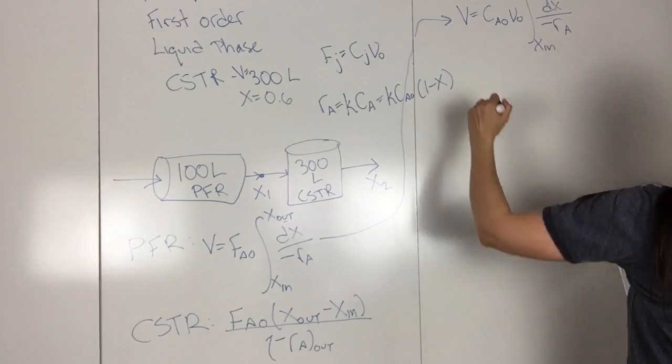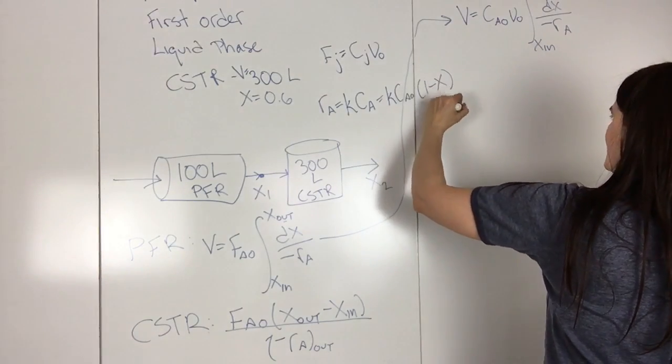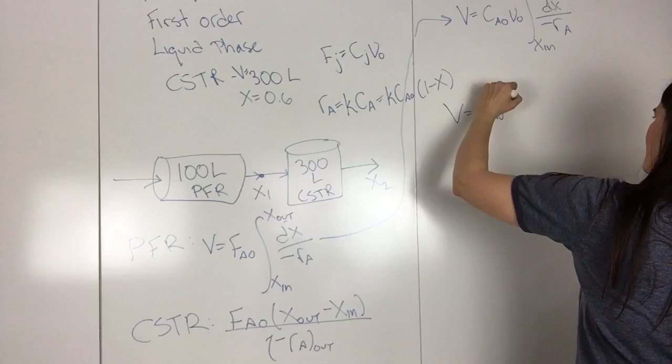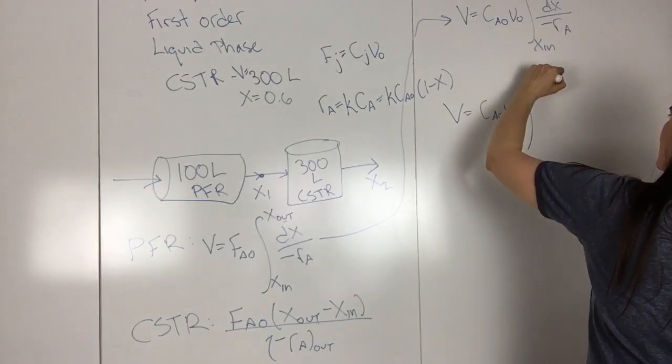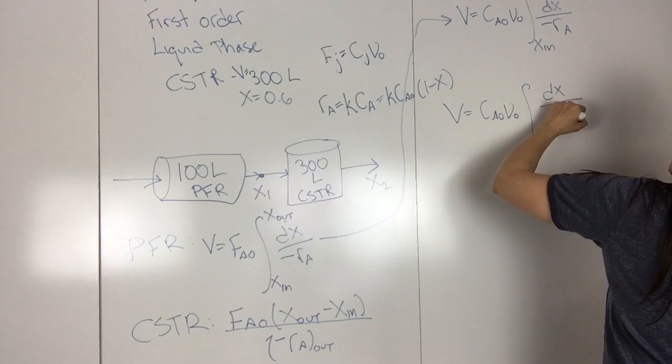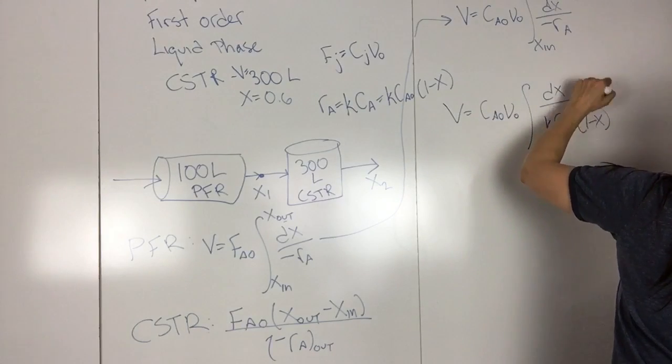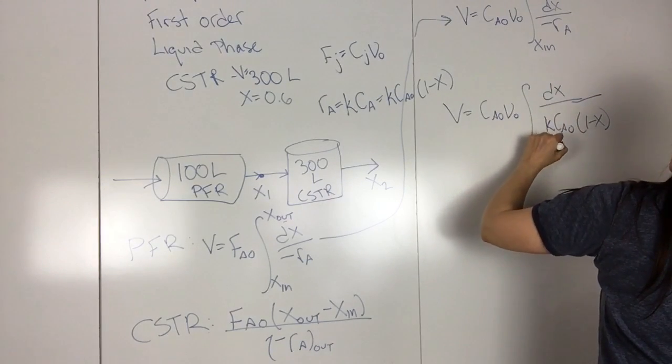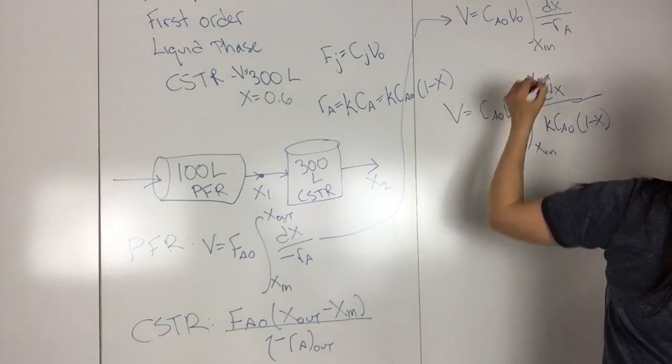Then I can go ahead and plug that in too. So then I have V equals Ca naught v naught, integral from x in to x out, dx over K Ca naught (1 minus x).